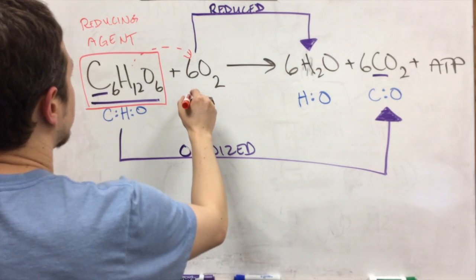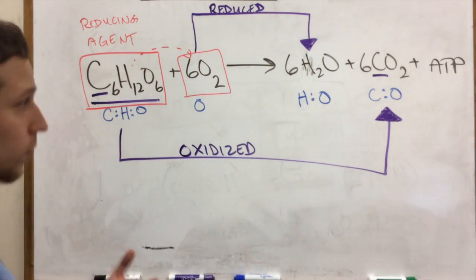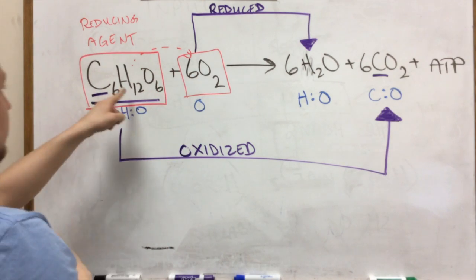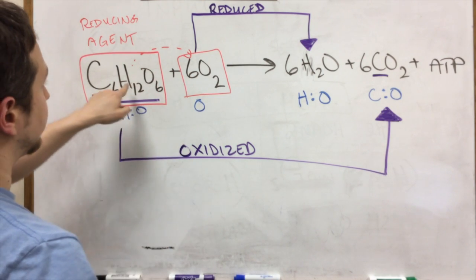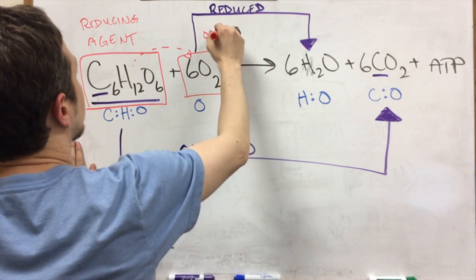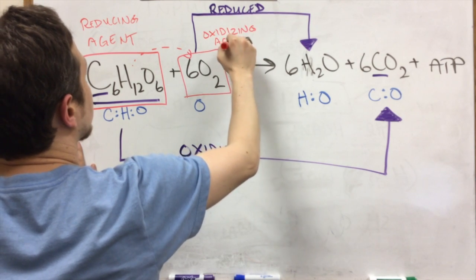Oxygen, on the other hand, is accepting those hydrogens or electrons from glucose. And so by accepting or taking those hydrogens from glucose, it's oxidizing glucose. So we call oxygen the oxidizing agent.